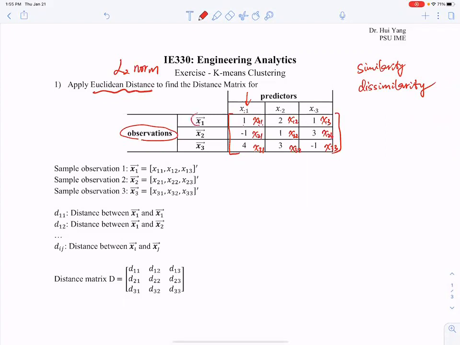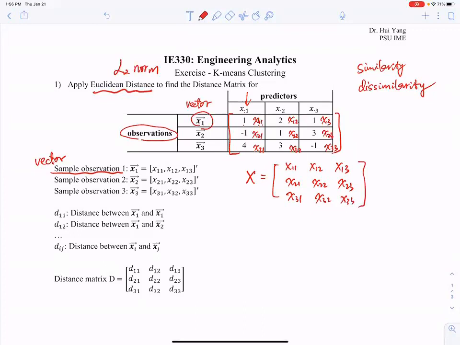So this notation with an arrow on the top is a vector. Each sample observation is a vector. For the data set, we use capital X, which equals x11, x12, x13, x21, x22, x23, x31, x32, x33.